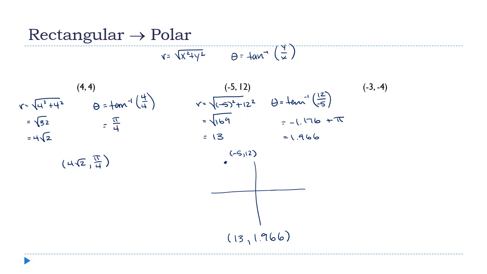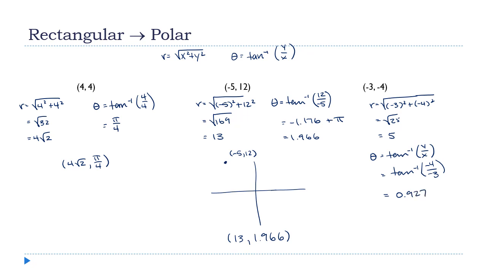Okay, so let's see. r is the square root of negative 3 squared plus negative 4 squared, which is the square root of 25. That's 5. All right, so then theta is the inverse tangent of y over x. That's the inverse tangent of negative 4 over negative 3, which my calculator says is 0.927.